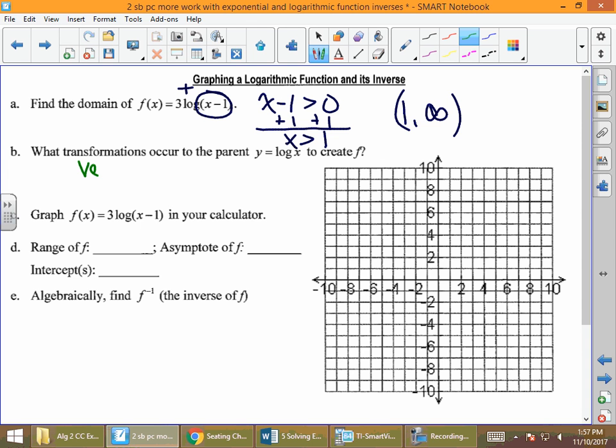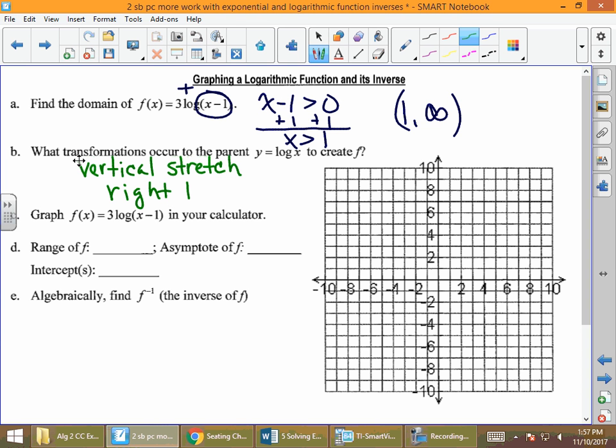It's a vertical stretch. And then what does the minus 1 inside the function, how does it change that function? And hopefully you're thinking, right, 1.